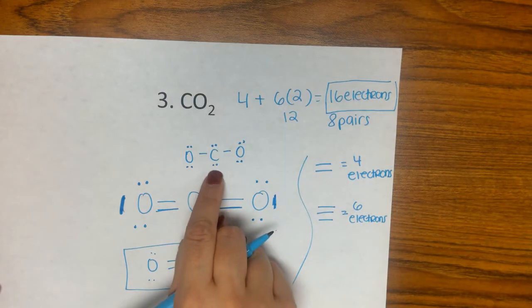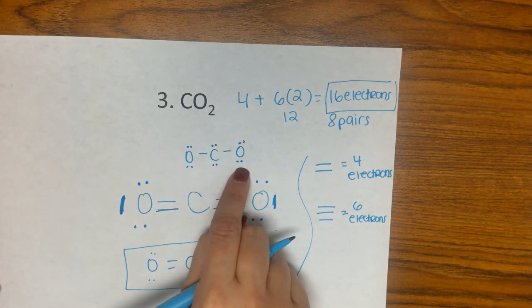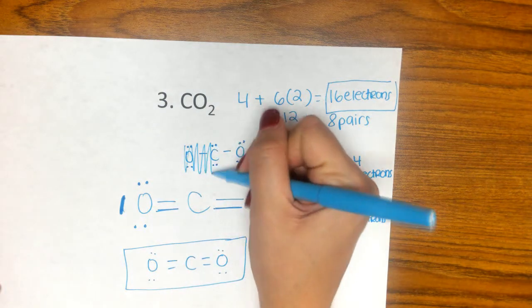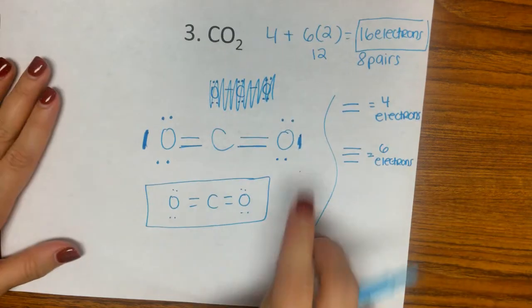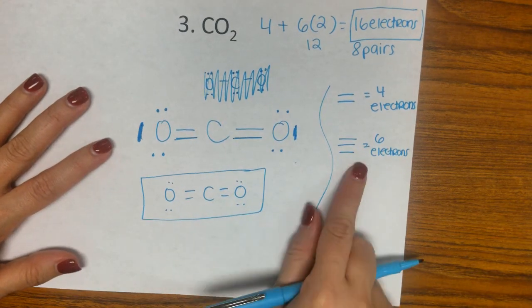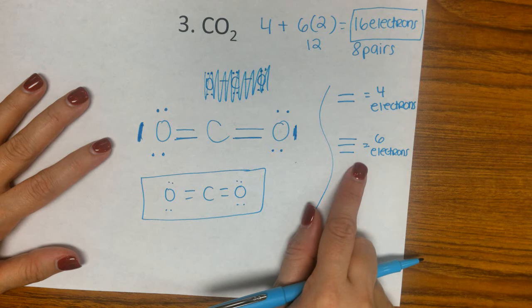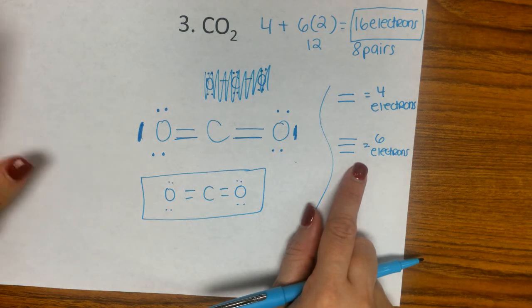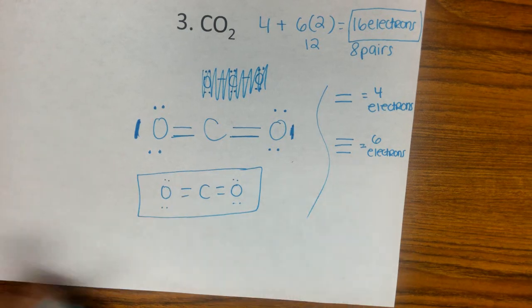Now carbon would have 8 electrons, but over here those would have 6, and so that's not an option. That's why we had to erase them and make a double bond. You would only make a triple bond if there was no other option to make a double bond to give the center atom 8.